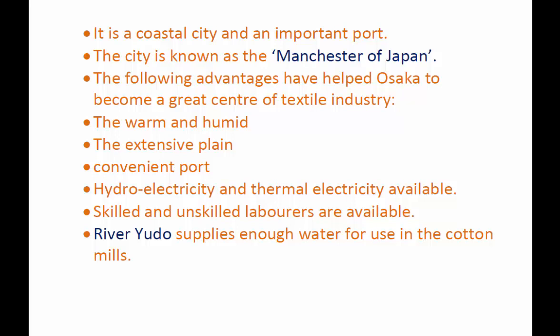Hydroelectricity as well as thermal electricity are available. Skilled and unskilled labor are also available in and around Osaka. The river Yodo, let's repeat again, river Yodo supplies enough water for use in the cotton mills. So those are the advantages for setting up the cotton industry.